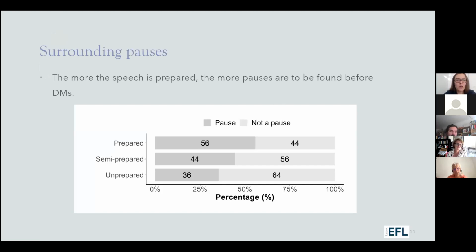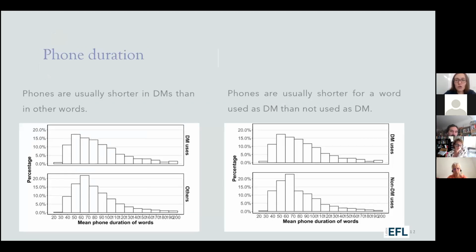We also found that phone duration plays a part. So for example, phones are usually shorter in discourse markers than in other words.